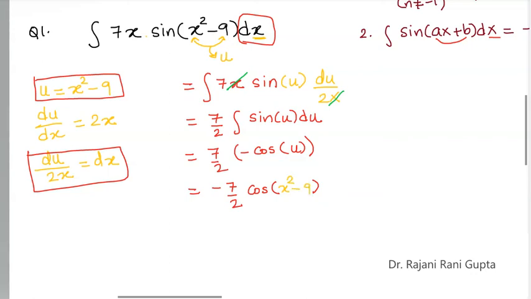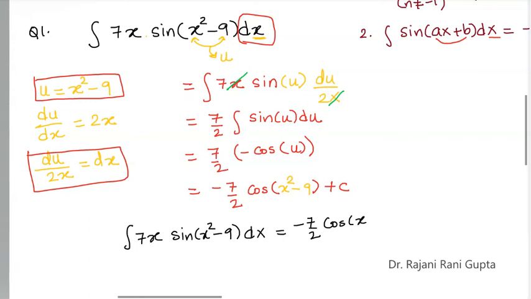As this is an indefinite integral, we write plus the constant of integration c. So the integral of 7x sin(x² − 9) dx is equal to minus 7 over 2 cos(x² − 9) plus c.